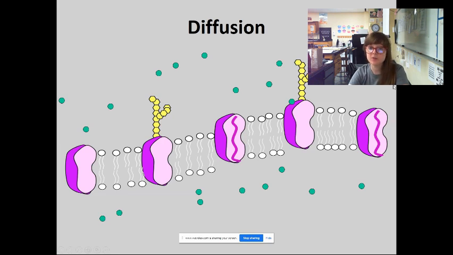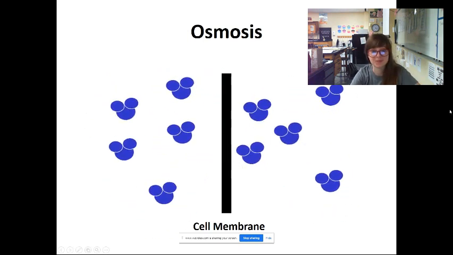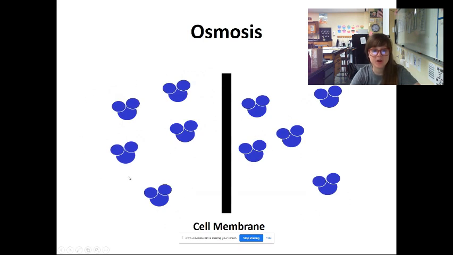Okay, so now let's move on to our next kind of passive transport. So next we have osmosis. So here I have my water molecules. I have a high concentration over here on the left and a low concentration here on the right. And this big black line represents my cell membrane. And so again, diffusion was the movement of molecules from high to low concentration. What do you think is going to happen here? And so again, notice that they moved from the higher concentration to the lower until again, they were equal.